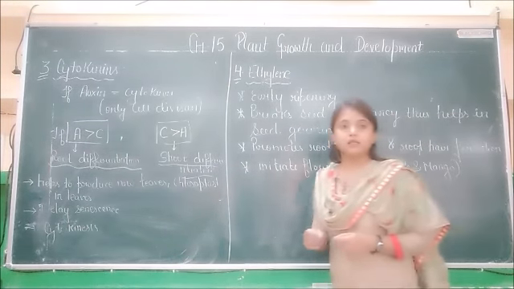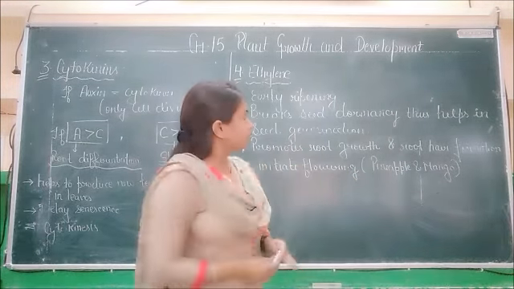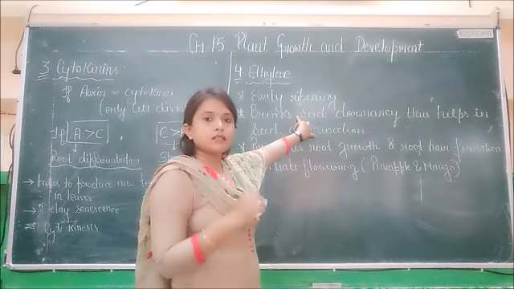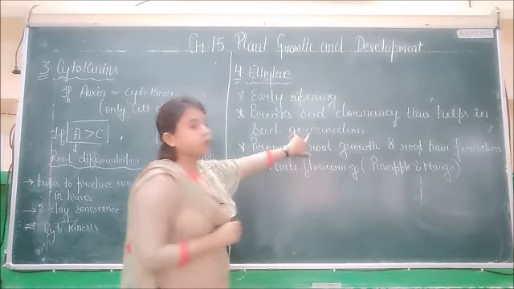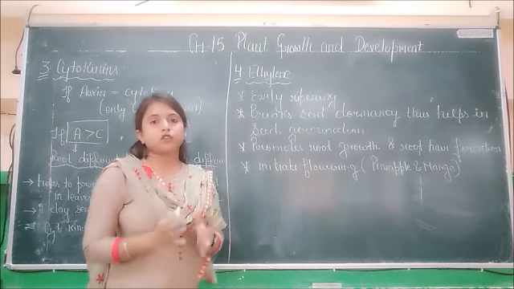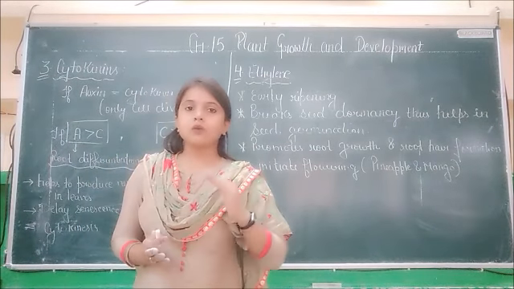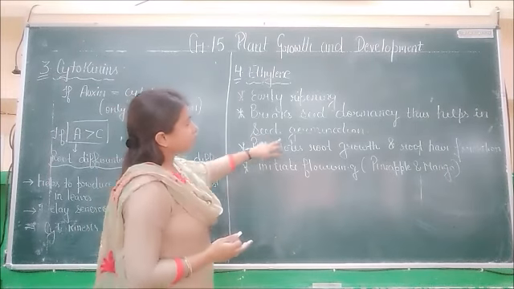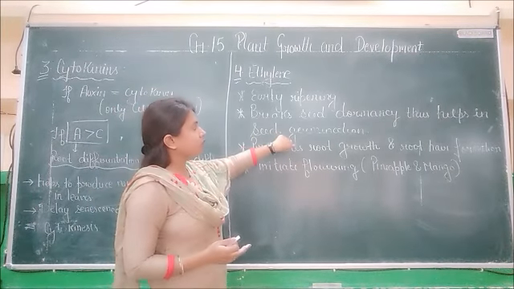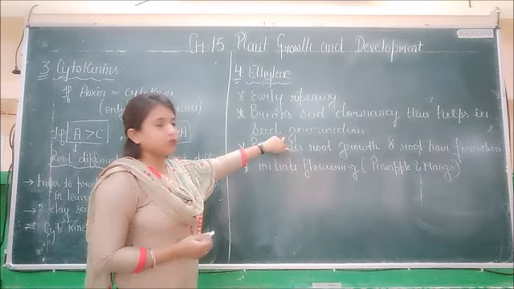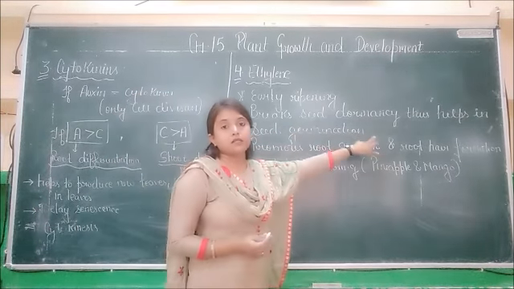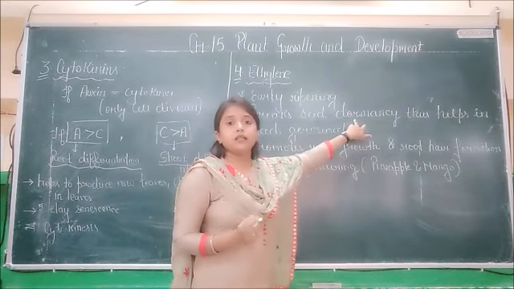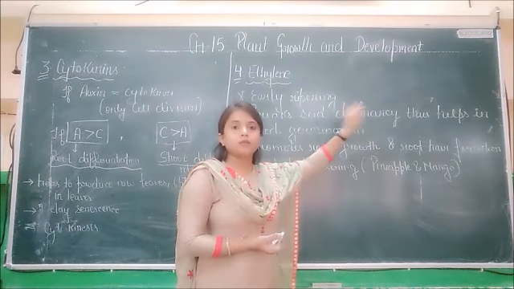Seed dormancy is the stage in which the seed is inactive. When the dormancy is broken, the seed becomes active and is able to germinate, right? That is why ethylene helps in seed germination, because seed dormancy is the inactive stage of the seed.